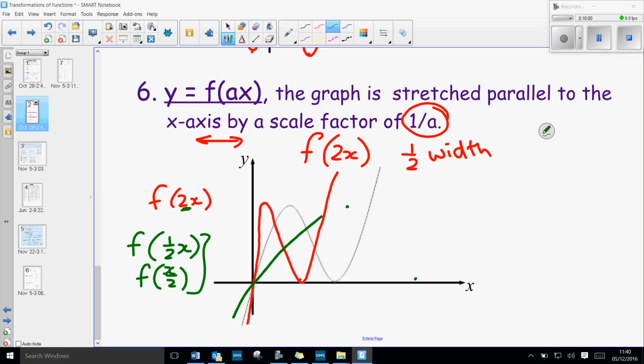Not beautiful, but hopefully you get the idea of it. The reason being is obviously because 1 divided by 1/2 ends up being 2. So it's taking twice the amount of time that it usually did to form the graph or form the function.